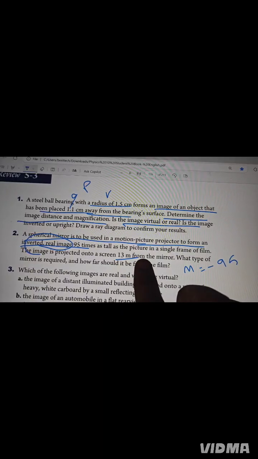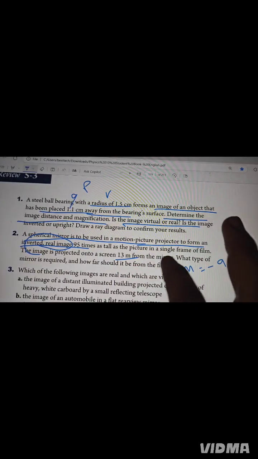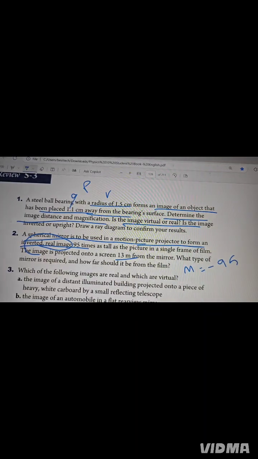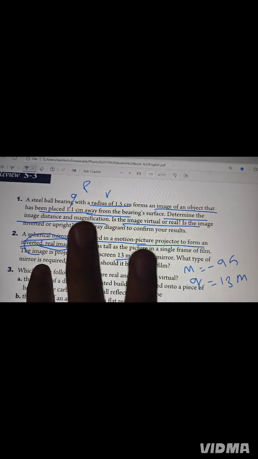The image is projected on the screen 13 meters from the mirror. So this is the image distance Q, 13 meters. Do not touch the value of Q, it's positive. Then what type of mirror is required?